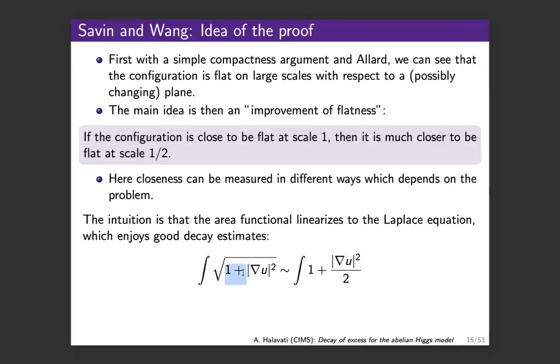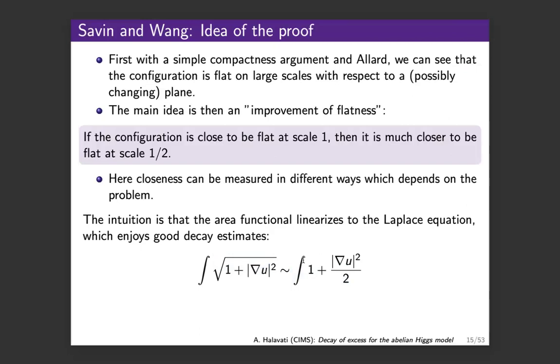And basically, this is the area functional. This is basically the area of a graph. And if you think about the Taylor expansion of the square root of 1 plus x squared, you get this up to first order, right? So if you minimize the area, you kind of expect to be minimizing 1 plus the Dirichlet energy, which is basically just minimizing the Dirichlet energy.